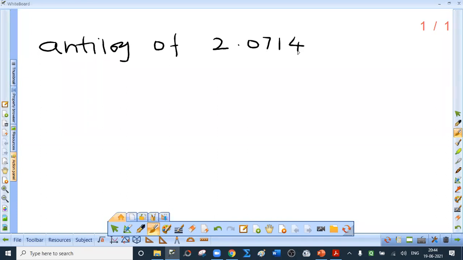Tell me. Anti-log of 2.0714. Initially, we do not consider characteristic. Find a number which is in row 0.07. To it, add the number which is in the same row, but which column? I'm sorry, 0.07 row, first column. To it, add the number which is in the same row, that is 0.07, and column 4 in the mean difference section.